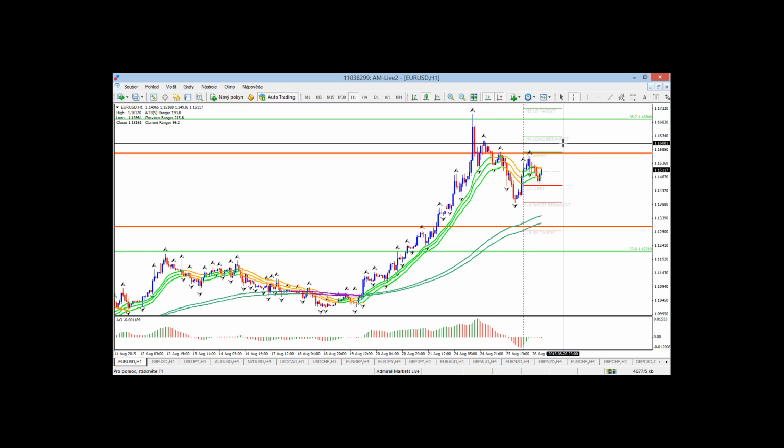I definitely, from a long-term point of view, was looking for upside up to 38.2 fib, and that happened, and now we're there. We are in this resistance zone. It's just that we got up to the 38.2 fib in a bit different manner than I expected.